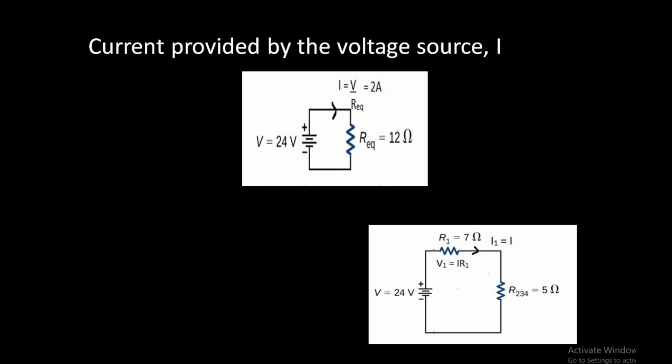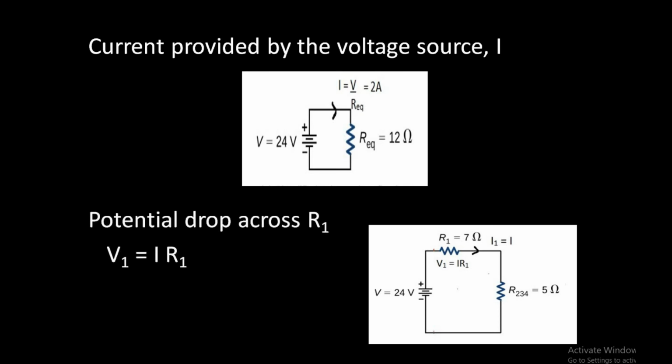So the current in R1 is I1 and I1 equals to I, and the potential drop across the resistance R1 is equals to I R1. So I equals to 2 ampere, and R1 equals to 7 ohm. So V1 equals to 14 volt.